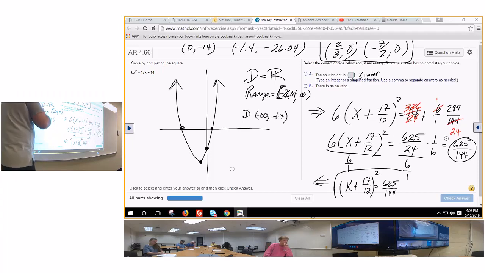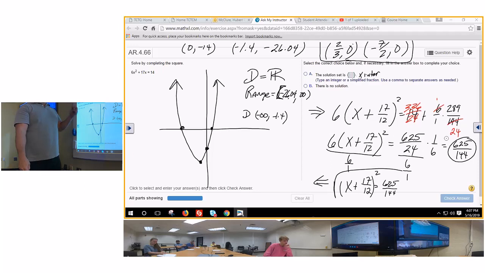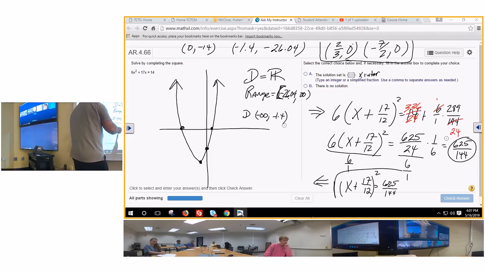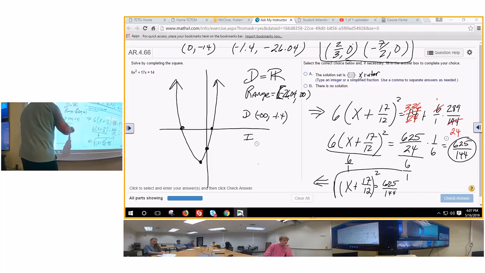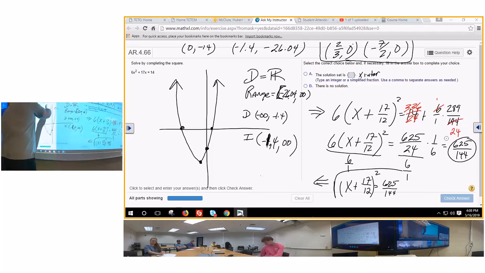Remember, when you're going increasing, decreasing, at this point it's neither increasing nor decreasing, so you do not put a bracket here. Increasing from negative 1.4 to infinity, and the line of symmetry is what? X is equal to negative 1.4.